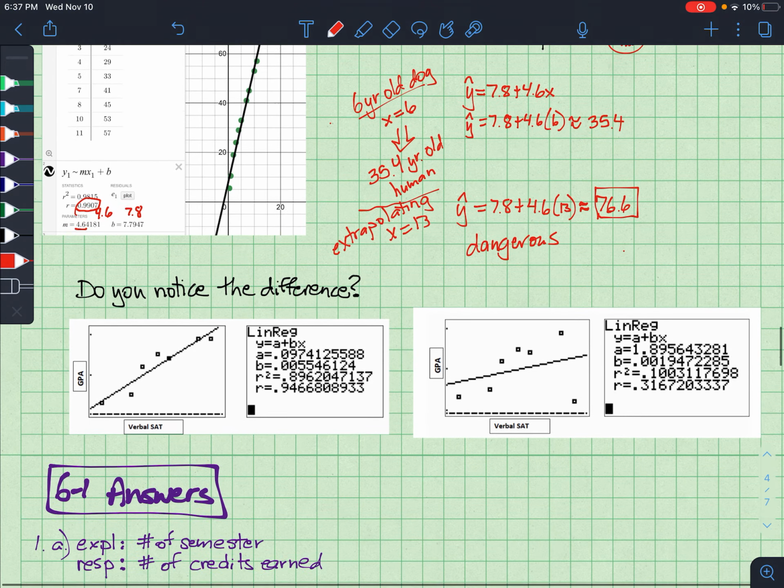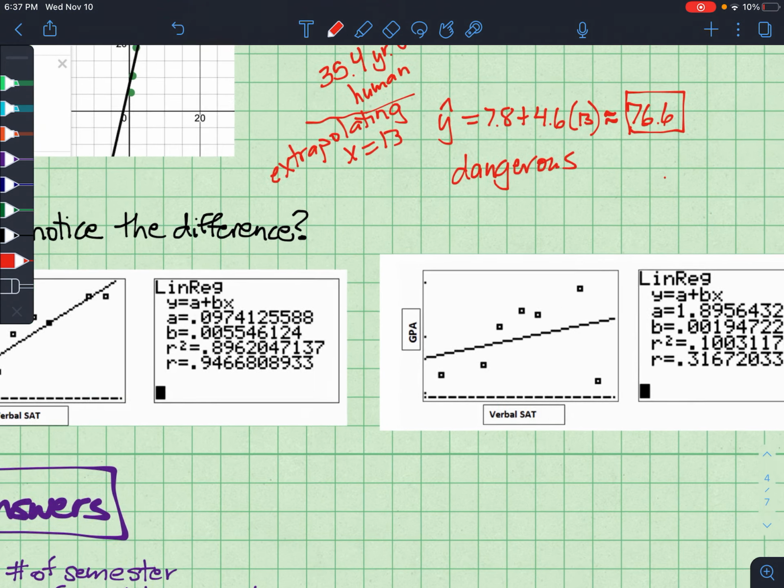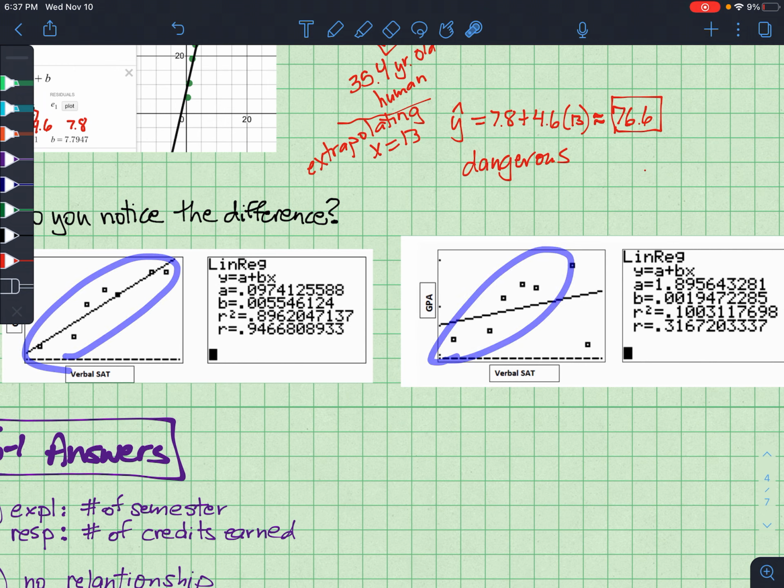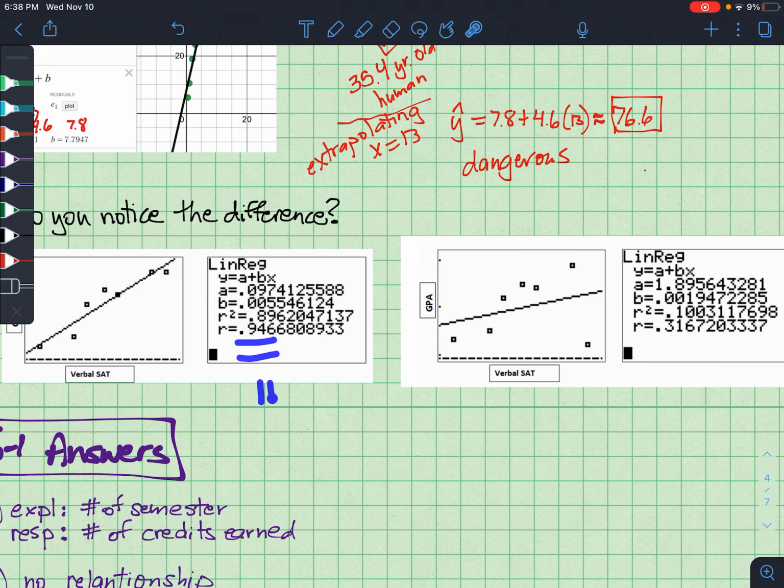One note here at the bottom. Note that these two graphs down here at the bottom, their data sets are very similar. The line of best fit is very different. And notice the R value, 0.94, 0.316. This, good. This, not so good. Why? Because of that data point there.